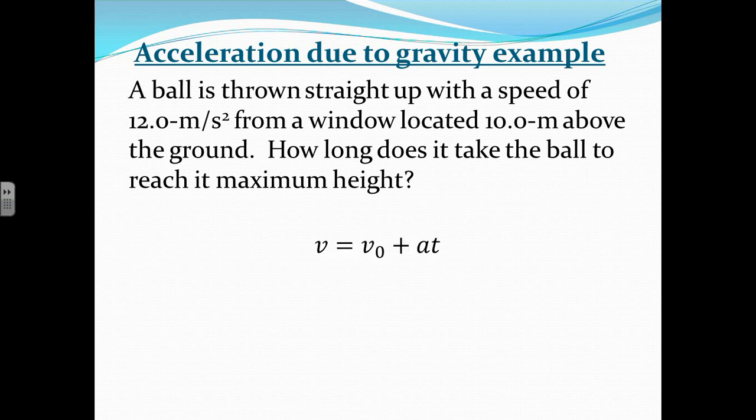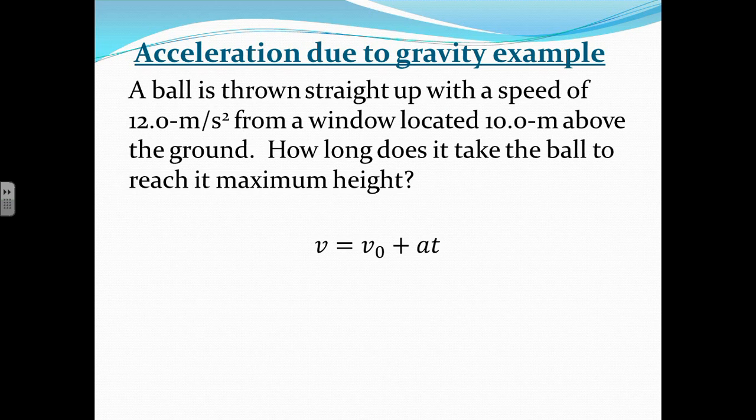To solve this problem, we're going to use the equation velocity equals initial velocity plus acceleration times time. We know that at the maximum height, when it reaches its peak, our velocity is 0, and our initial velocity is 12 meters per second. Our acceleration is going to be 9.8 meters per second squared, and it's going to be negative because downwards is our negative direction.